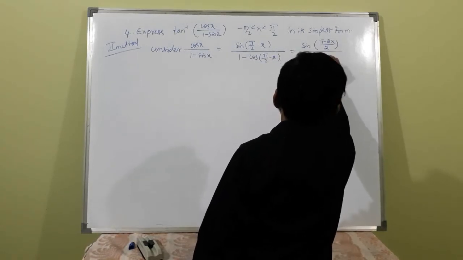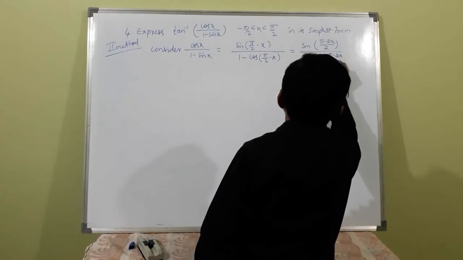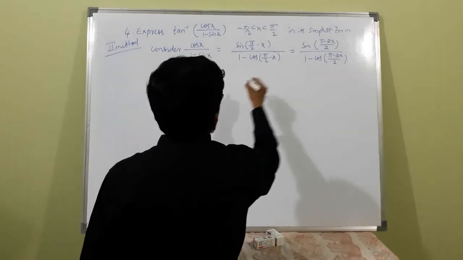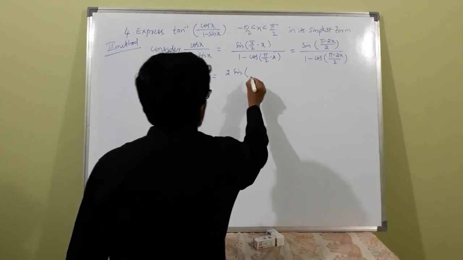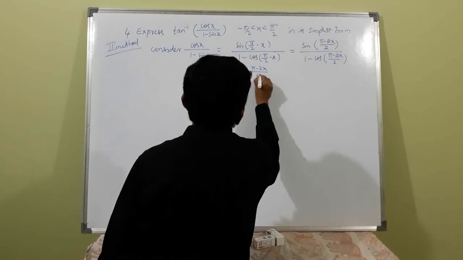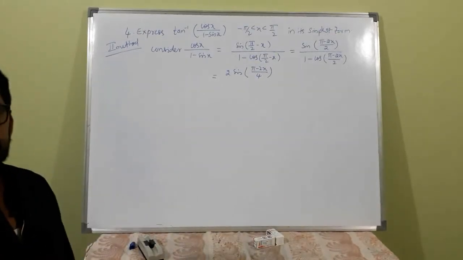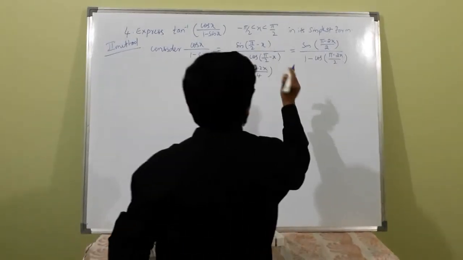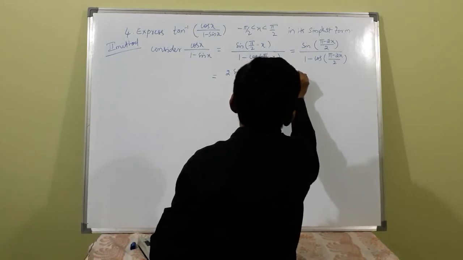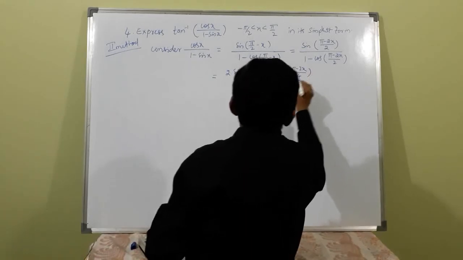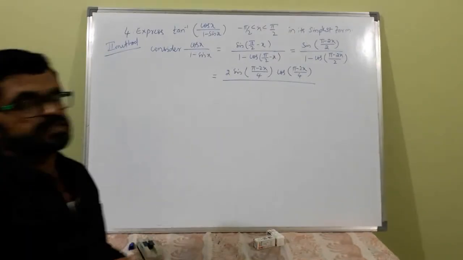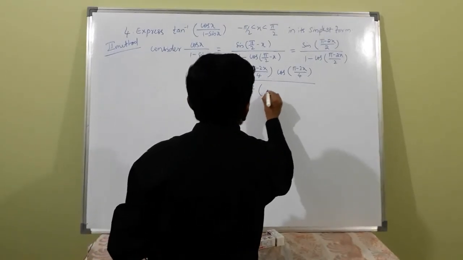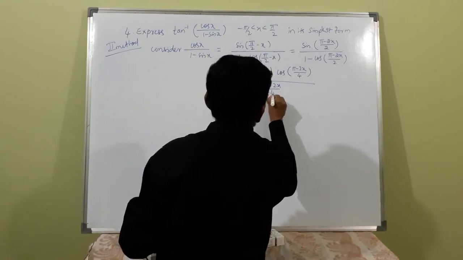Sin 2 theta is 2 sin theta cos theta, so the numerator is 2 sin of (5 minus 2x) by 4 cos of (5 minus 2x) by 4, and 1 minus cos theta is 2 sin squared theta by 2, so the denominator is 2 sin squared of (5 minus 2x) by 4.